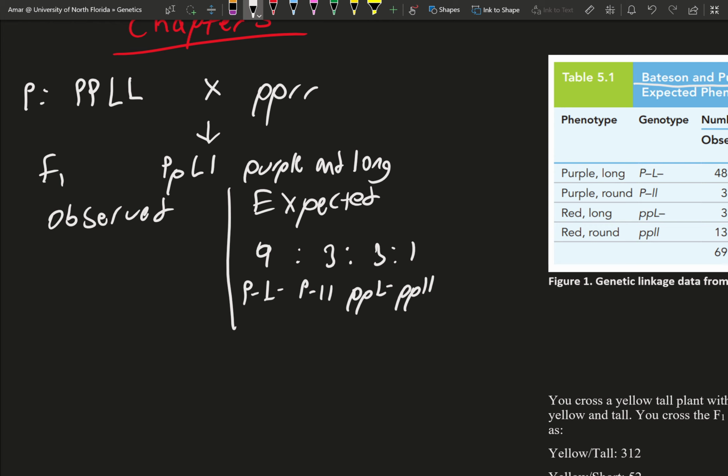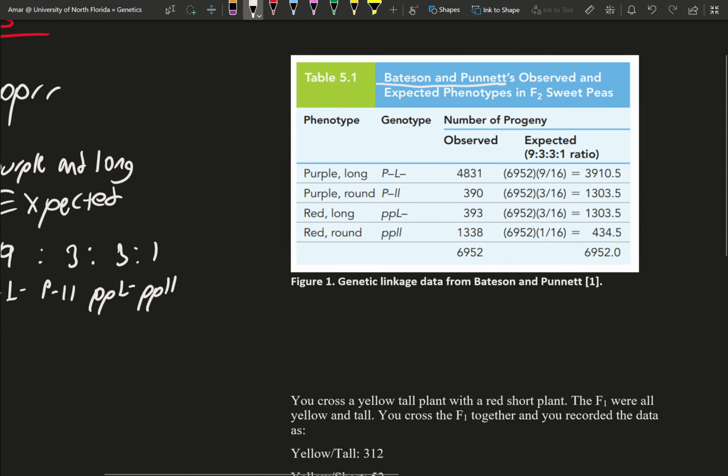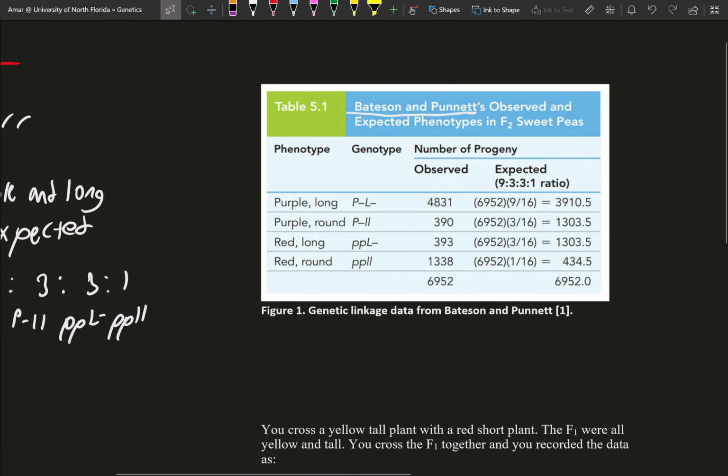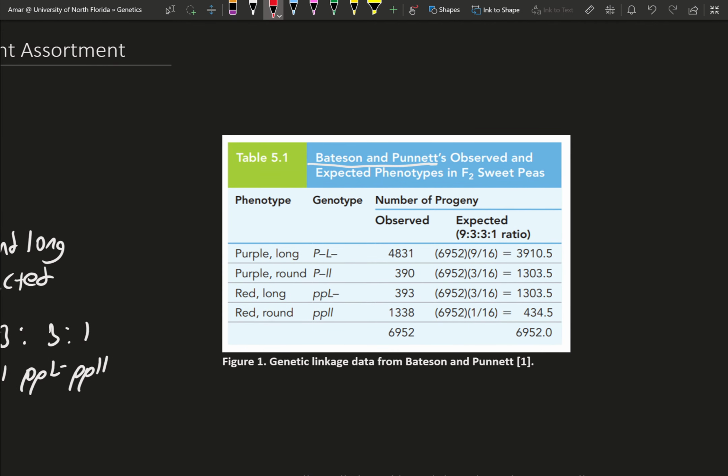They found a completely different ratio from what we expected. Bateson and Punnett found that in the F2 you see a higher proportion of individuals with the purple long phenotype and the red and round phenotype compared to what was expected.